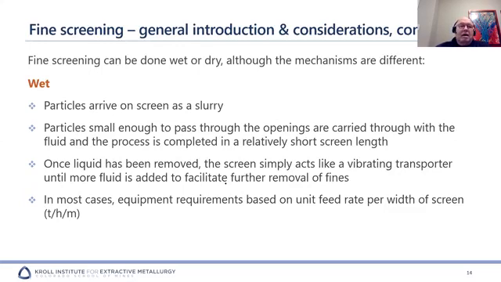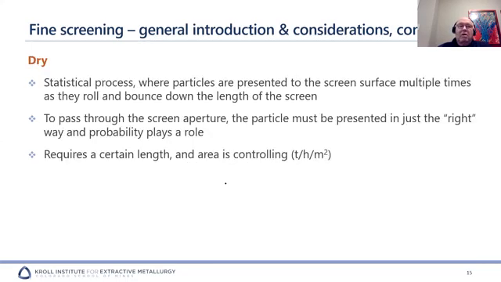As I said, the most screening in the fine sizes is done wet, although there is dry screening done. And we need dry screens. We don't want a wet material if we don't have to wet it, especially if we have unit operations downstream from the screens that are dry.